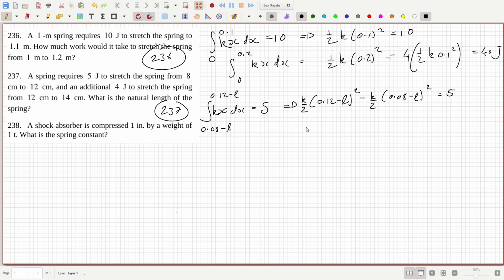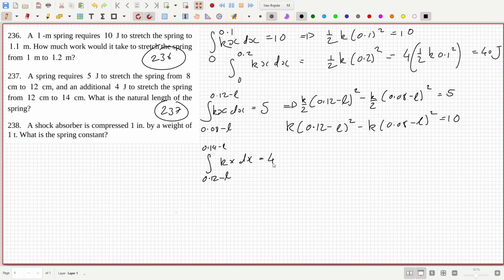I'll multiply by 2 at least, so I'll have k times 0.12 minus L squared minus k times 0.08 minus L squared. That should equal 10. And then an additional 4 joules to go from 12 to 14, 0.12 minus L to 0.14 minus L, kx dx.